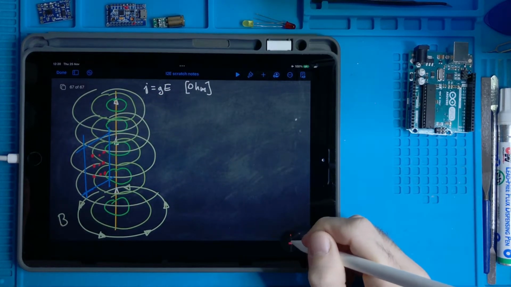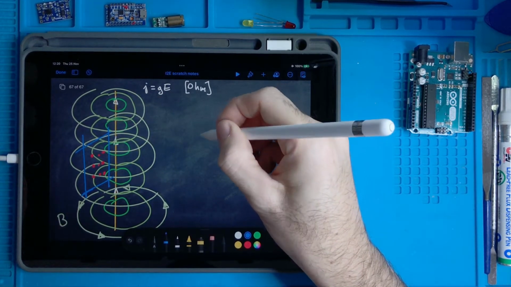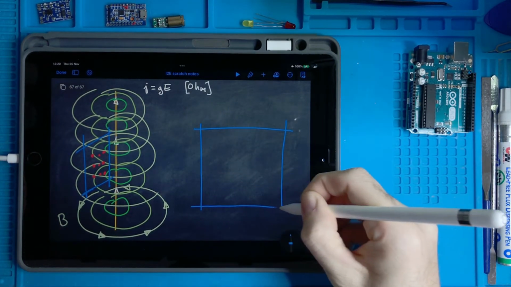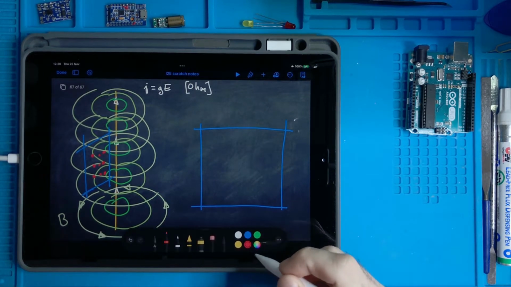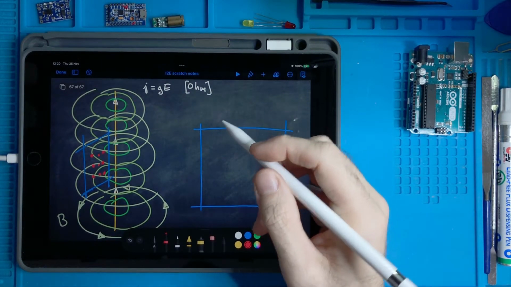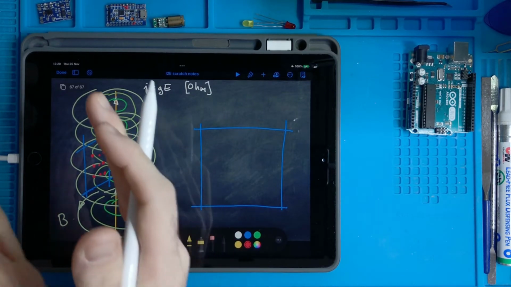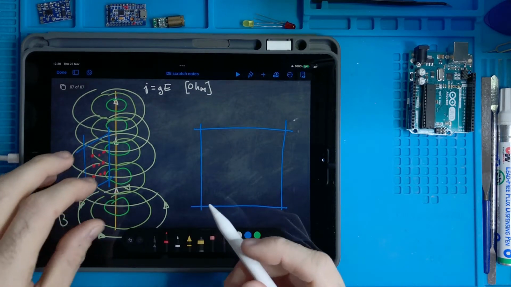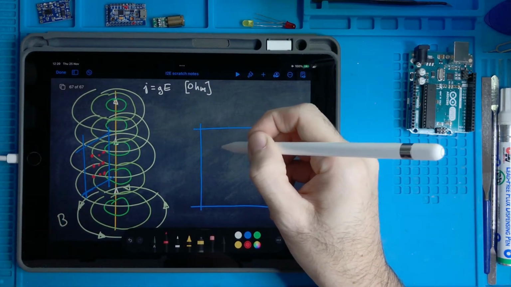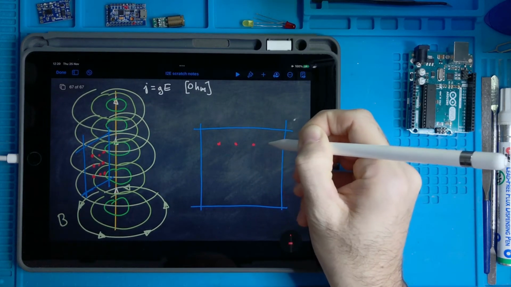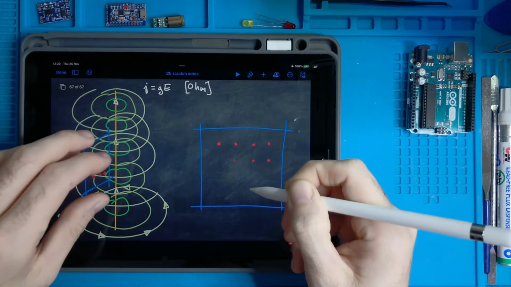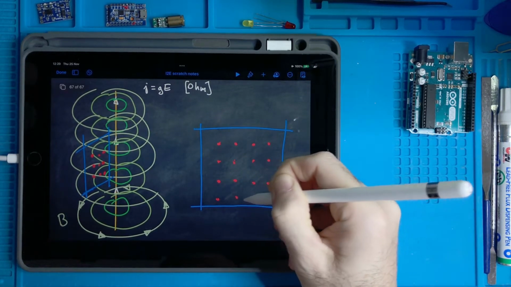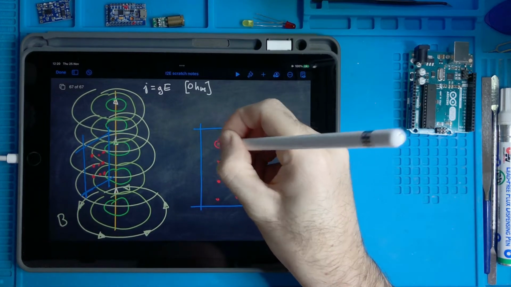And now I draw this plane here in a bigger picture. Let's say that we consider a little portion of this plane, far from the wire, in a way that, if this region is small, all these lines are kind of constant.